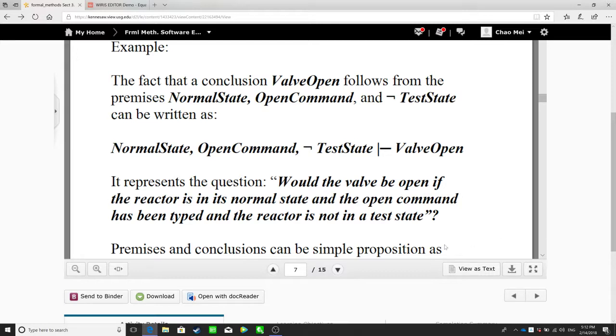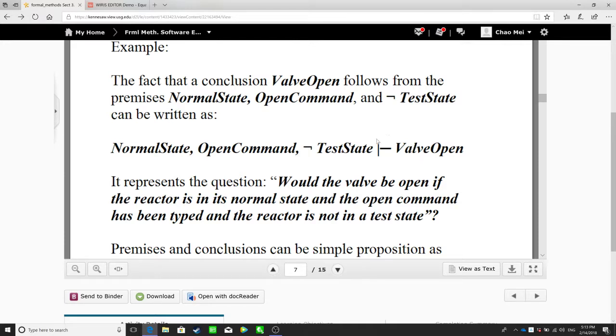This is the thing we want to prove. We have these premises: normal state is true, open command is true, negation test state is true. So we have those three premises we already know, and the conclusion we want is valve open.